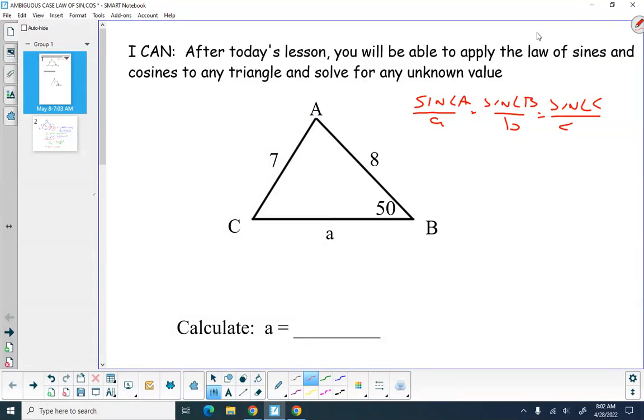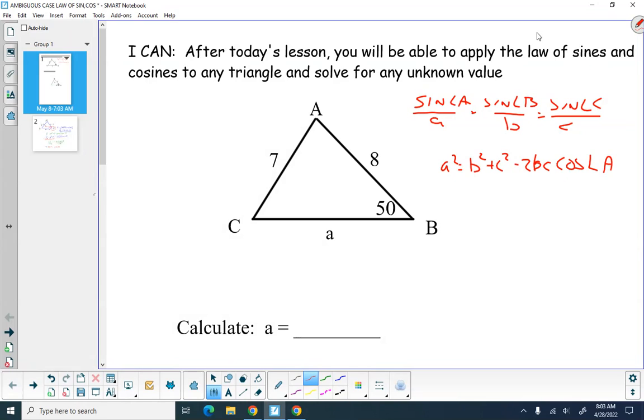I want to calculate A, but I don't know big A. If I want to calculate A using law of cosines, I have A squared is equal to B squared plus C squared minus 2BC cosine of angle A. But to solve for little a in this method, I need to know angle A. I don't know angle A.